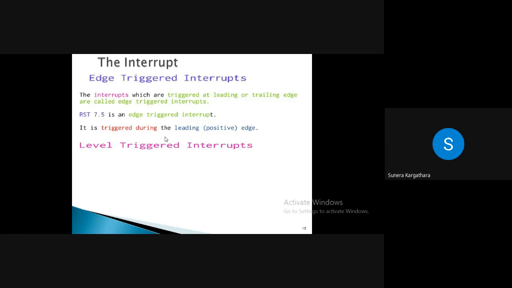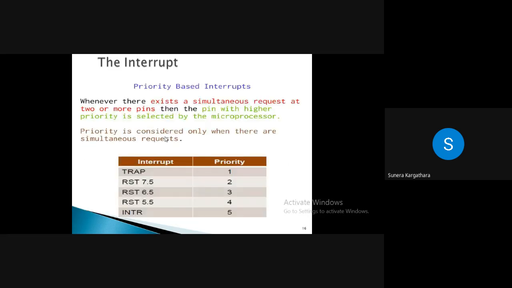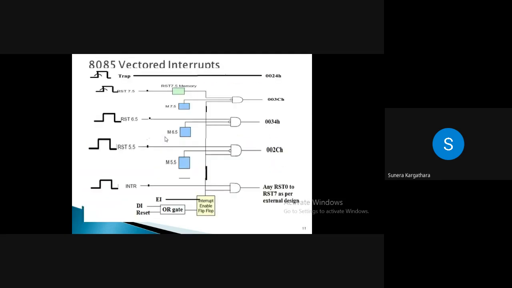Triggering of a flip-flop always depends on this, as you can understand from this diagram. Suppose I am giving logic 1 or 0 onto a particular pin, what will happen? If I give logic 0, logic 1, logic 1, I may have two possibilities. Either I can trigger my flip-flop on the levels or on the edges.